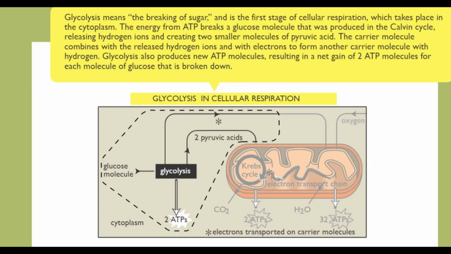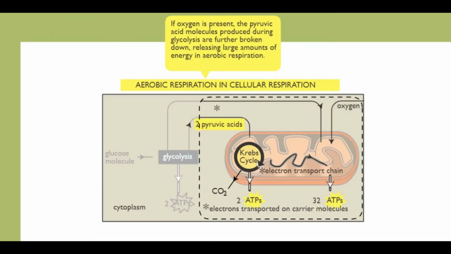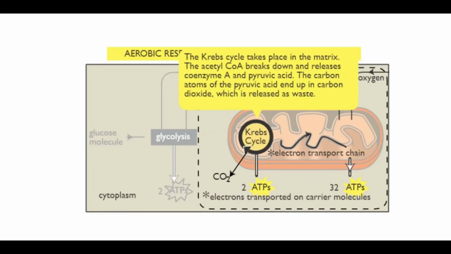Okay. Next, we will see aerobic respiration and cellular respiration. If oxygen is present, the pyruvic acid molecules produced during glycolysis are further broken down, releasing large amounts of energy in aerobic respiration. So, the Krebs cycle takes place in the matrix.